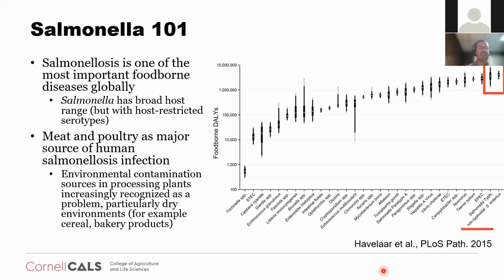Now, having said that, we realize now that Salmonella is not just transmitted through direct animal contact. It's not just our classical zoonotic pathogen. Environmental sources, persistence of Salmonella in processing plants, particularly those making dry products, cereal, bakery products, chocolate, is also an important source of salmonellosis. But the big one still is meat and poultry.